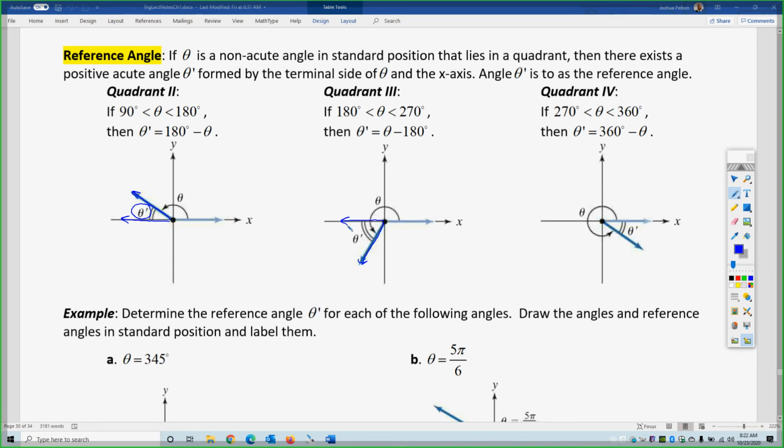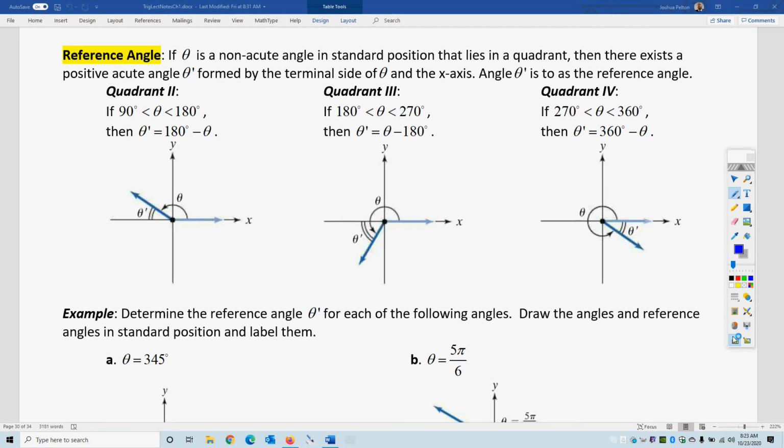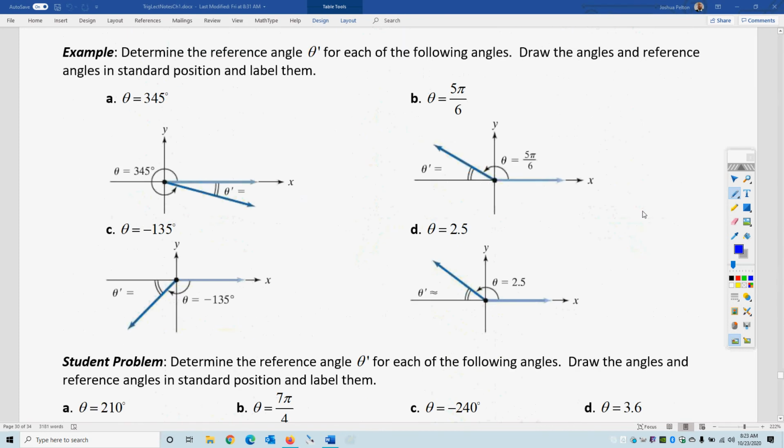And in the last example, the terminal side and the x-axis make the reference angle, which is an angle that's less than 90 degrees, and it's always a positive angle. That's the key. It's a positive angle, and it's acute, so less than 90. Make sure you use the closest x-axis, not deciding on positive versus negative. Okay, so let's find reference angles for the next questions.